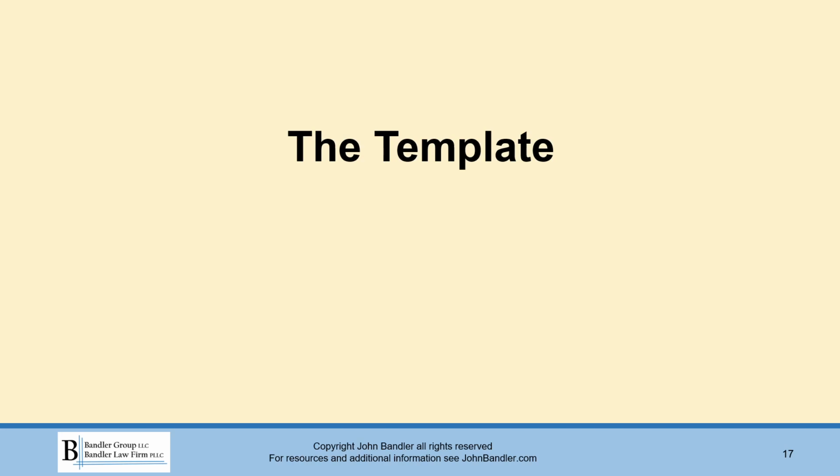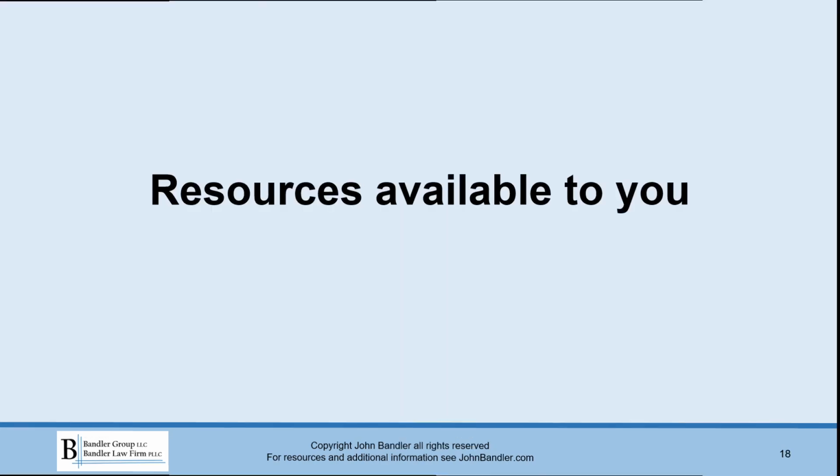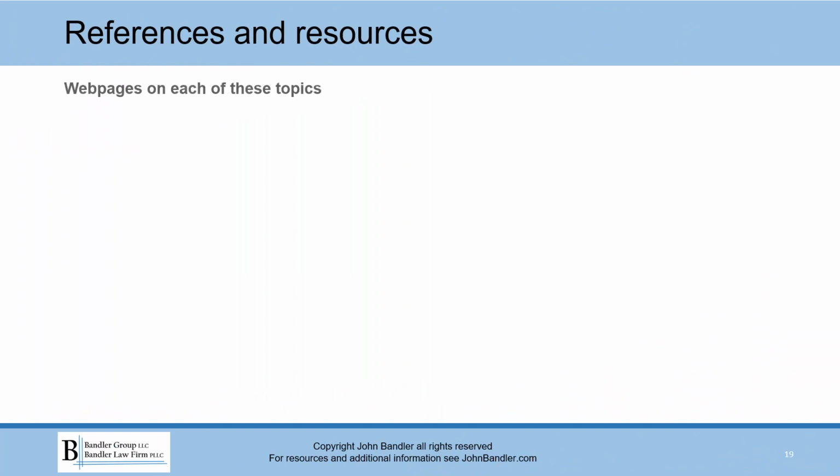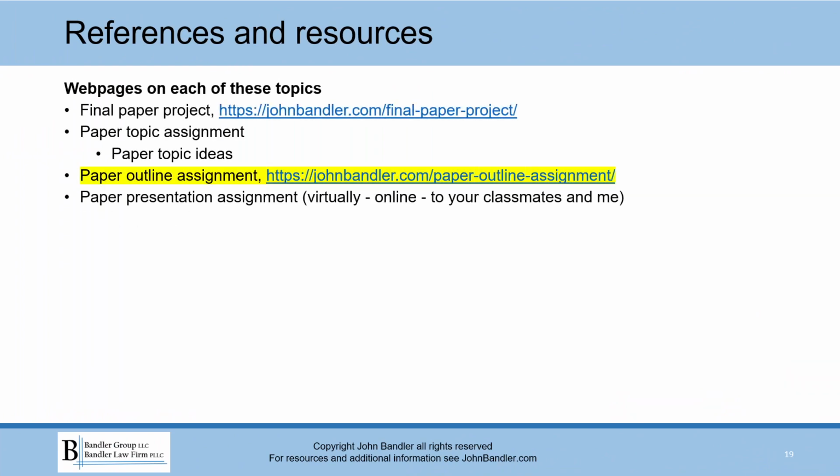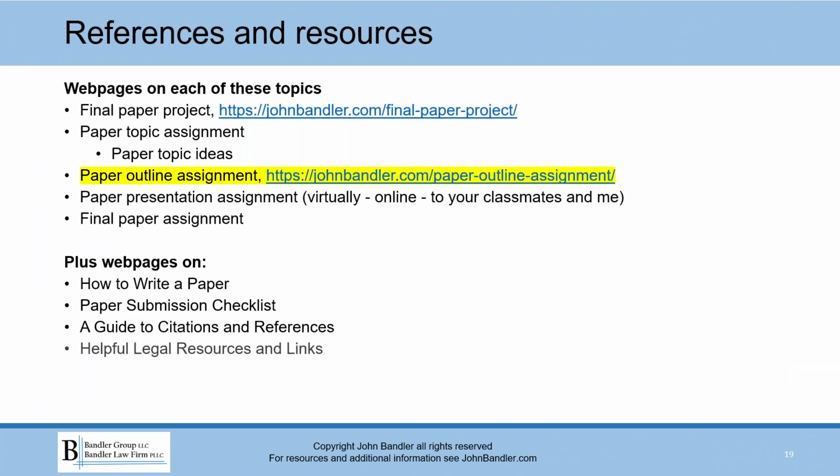So that was the web page. That was the template. Remember, there are resources available to you. I built some. I've got web pages on how to write a paper, a submission checklist. You're not submitting the paper yet, but sometimes it's nice to look ahead to see the things you will need to do. Citations and references. Your citations don't have to be perfect yet.